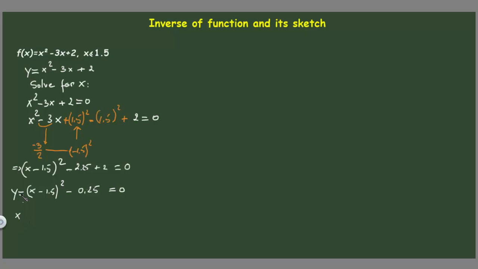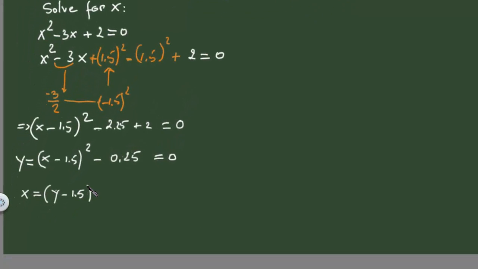Instead of writing x, we write y, and instead of writing y, we write x, equal to y minus 1.5 to the power 2 minus 0.25, or 1/4. You can even write it as 1/4.